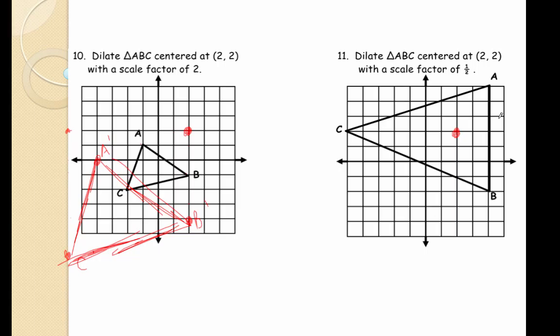This one we want a scale factor of 1/2. So to get to A, I'd have to go over 2 and up 3. So instead I'm going to go over 1 and up 1.5. And there's A prime. To get to B, I would have to go over 2 and down 4. So I'm going to go over 1 and down 2.